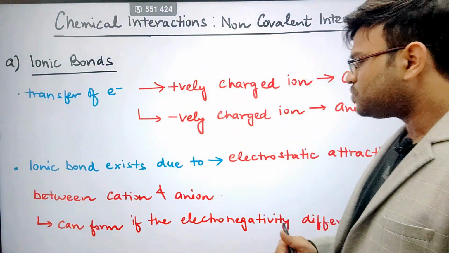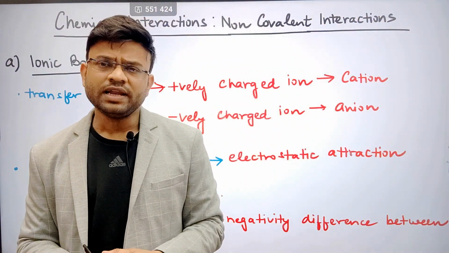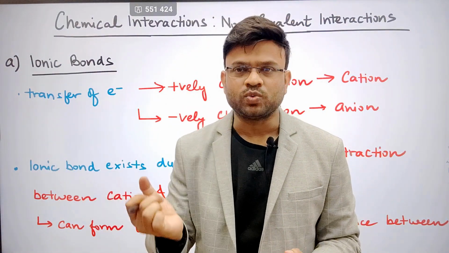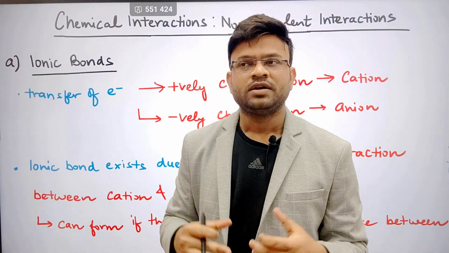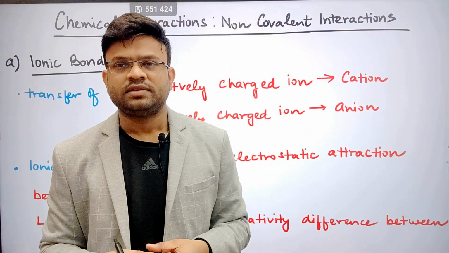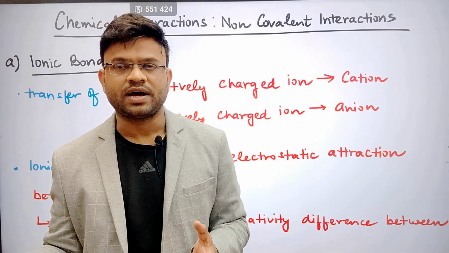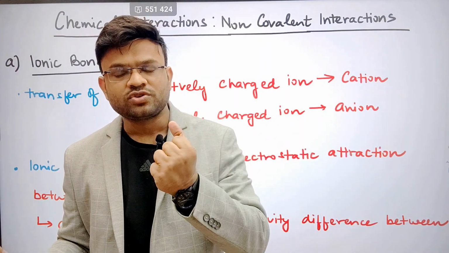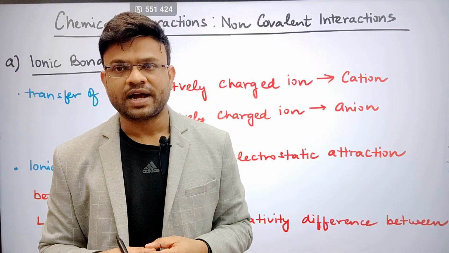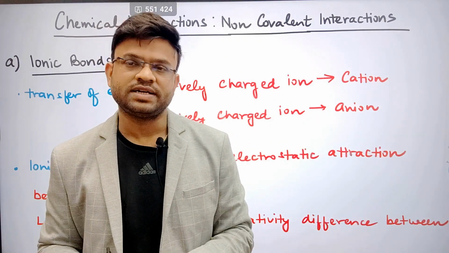Now let me introduce you to the concept of electronegativity difference. Electronegativity means the property of an atom to pull an electron towards itself. Again, let me tell you, what is electronegativity? Electronegativity is the property of an atom to pull the electron towards itself. That means the more electronegative the atom, the more it will pull the electrons towards itself.